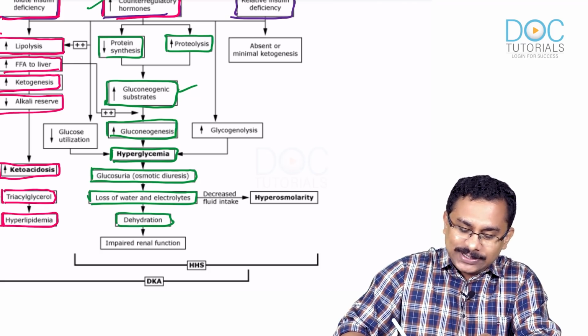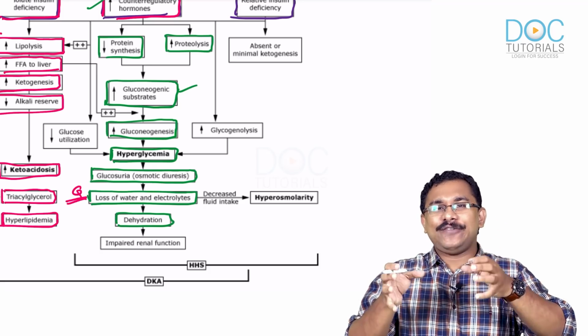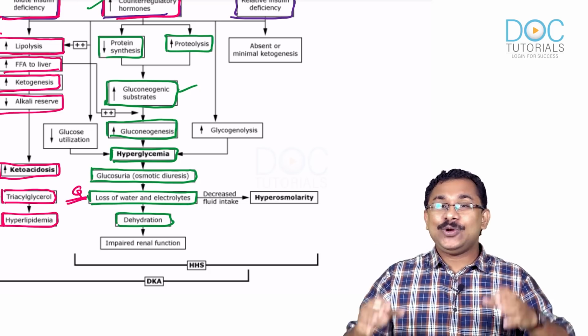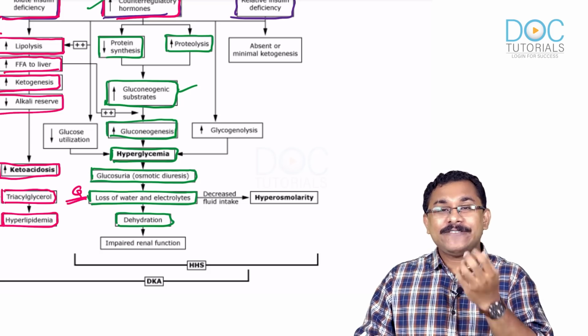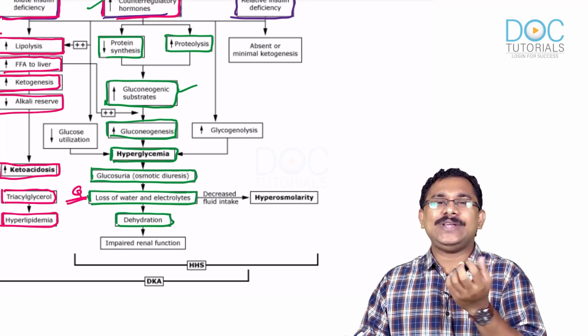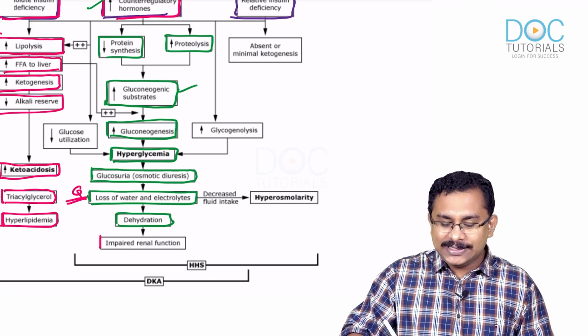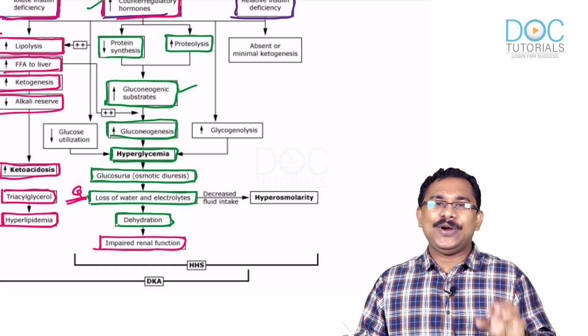I want you to focus on the loss of water and electrolytes, because there is so much fluid shift and subsequent water loss happening. Keep this in mind, because when we are dealing with the management, dehydration is a very important issue that we have to address. Subsequently, dehydration can also result in impaired renal function. I hope you understood that.